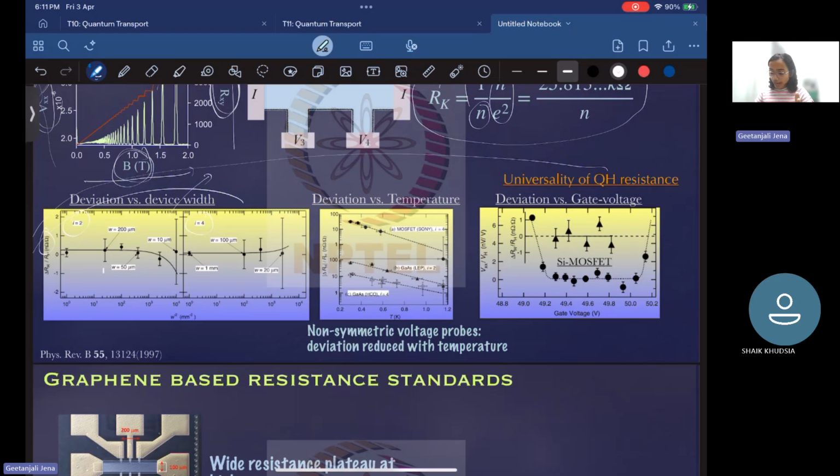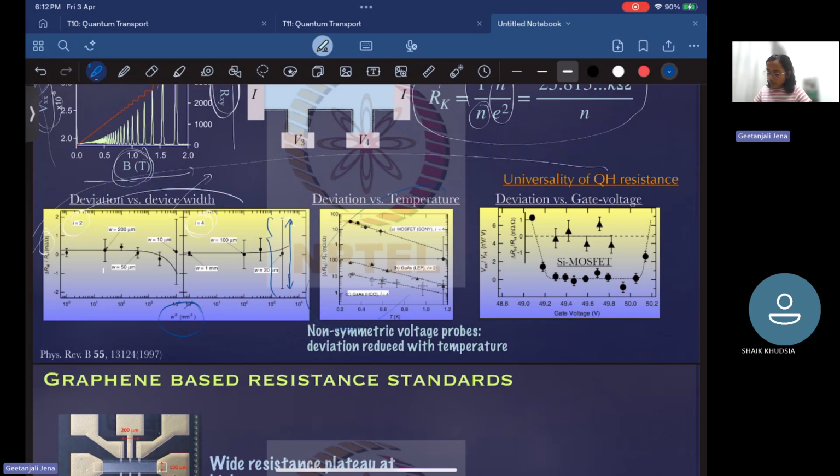And for I4 also, we can see the same observation. This error bar, I think the color is not visible, is in the order of around 4 nano ohm per ohm. So it's still in the order of nano ohm per ohm. That means even if we increase the device width, it's still possible to get the constant value of Hall resistance.